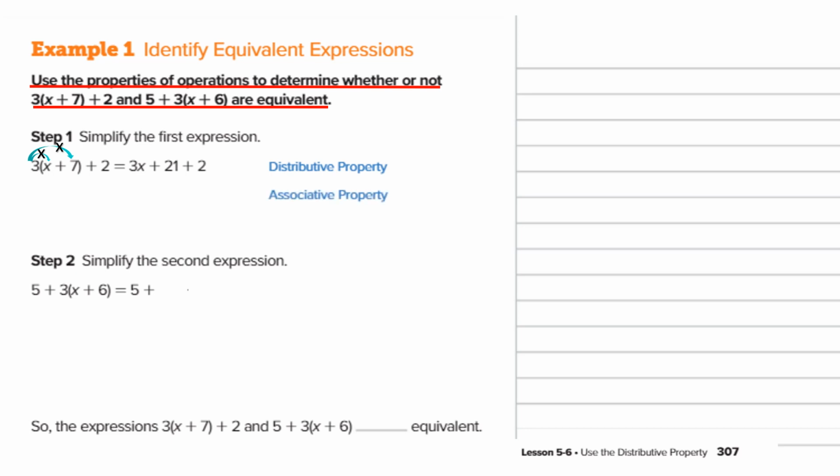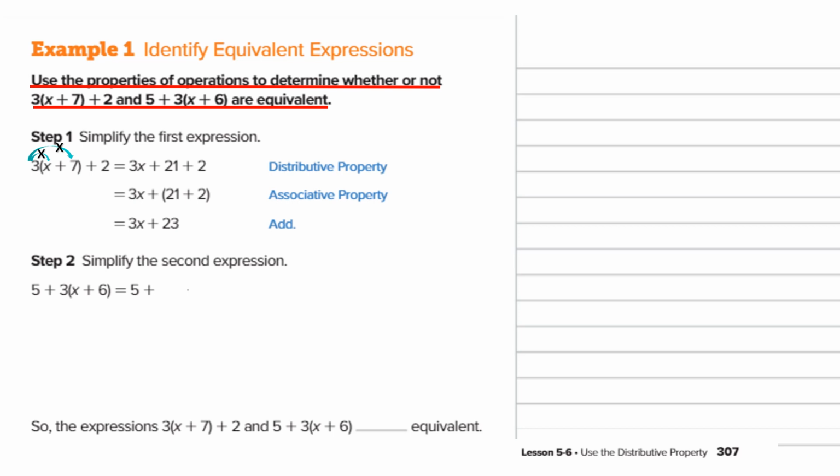I'm going to use my associative property. I'm going to combine my constants. So I have 21 plus 2, which gives me 3x plus 23. All right, so now I have 5 plus 3 times x plus 6.